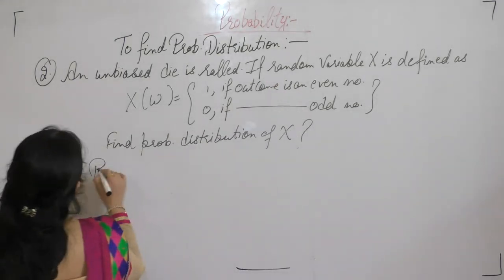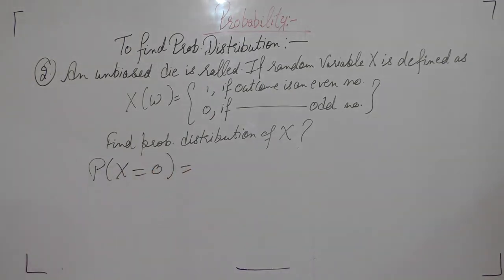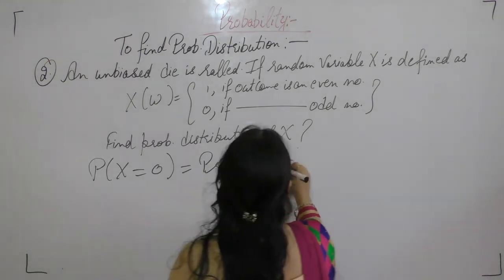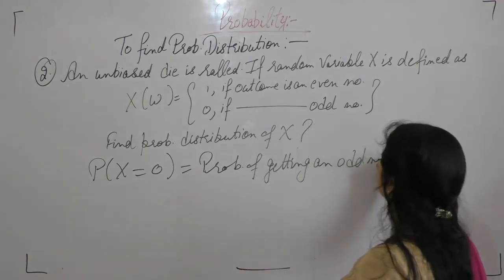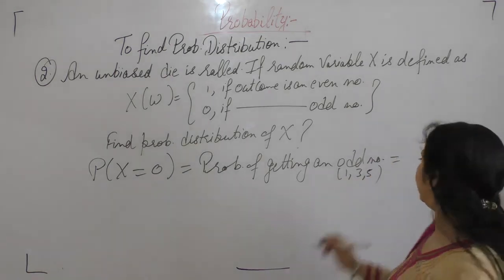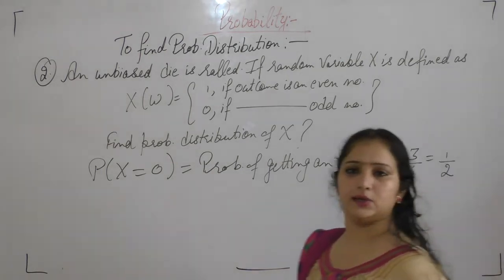Now we want to find the probability of x equal to 0, that is when we get an odd number. Odd numbers on a die are 1, 3 and 5, so the probability is 3 by 6, that is 1 by 2.